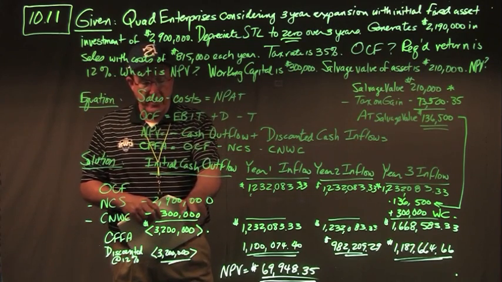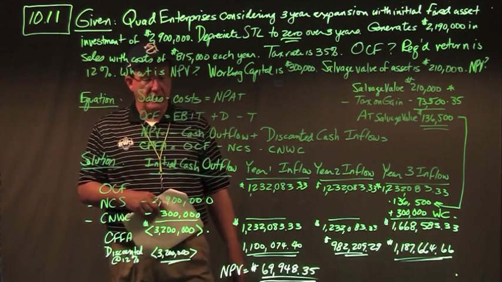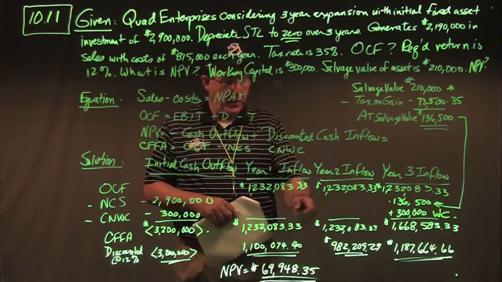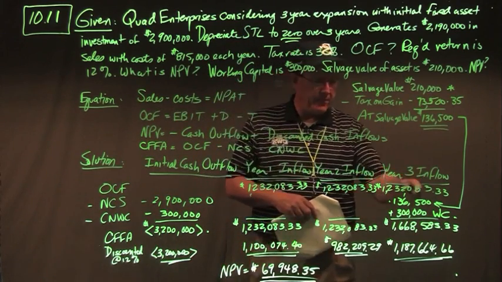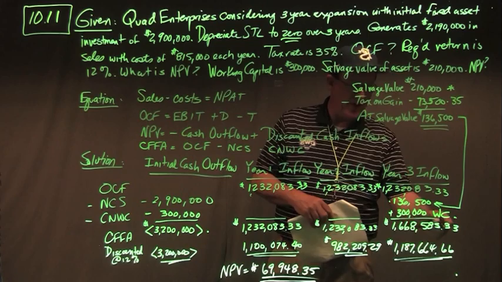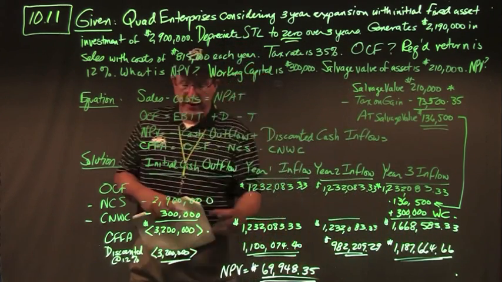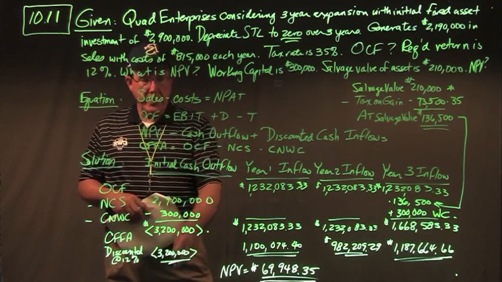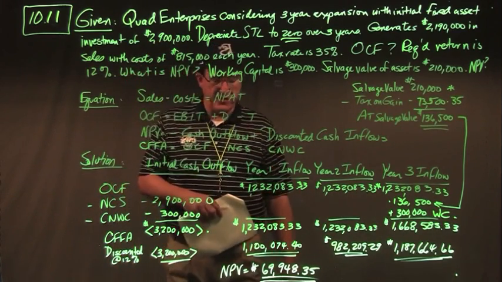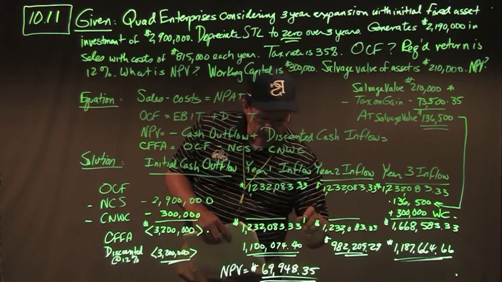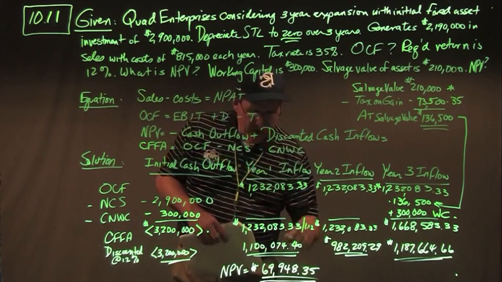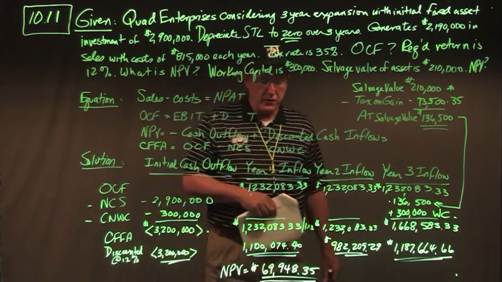2.9 million out plus 300,000 out is 3.2 million out today. The 1,232,083, 1,232,083, and then add up these 3 numbers to get 1,668,583.33 in undiscounted dollars, and I need to discount these at 12%. So 3.2 million is out today. My first cash flow I divide by 1.12 to get 1,100,074.40.